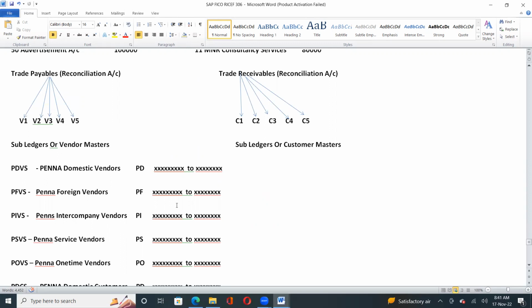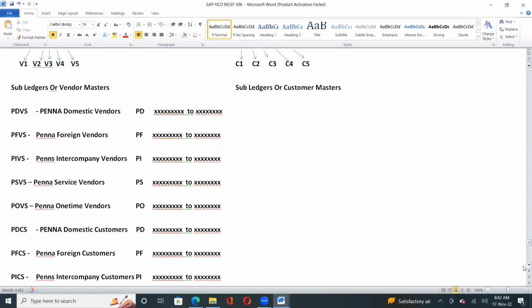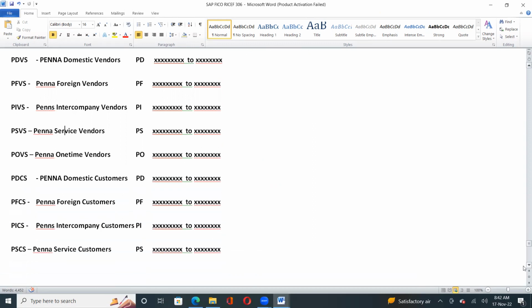We need to represent these with document number ranges, and these number ranges will be created at a client level, not at a company code level. The same applies to customers: domestic customers, foreign customers, intercompany customers and service customers, and we need to create number ranges.